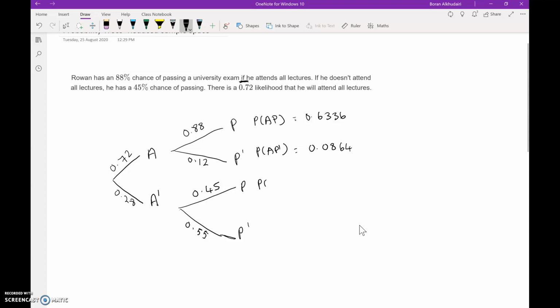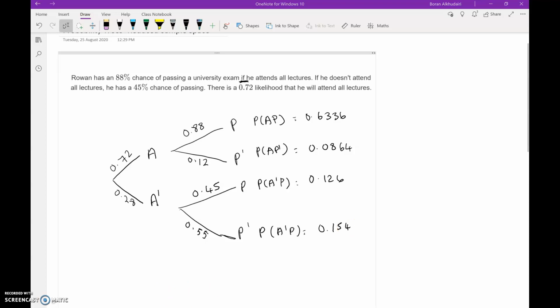The probability of not attending and passing is 0.28 times 0.45, and that is 0.126. And finally, the probability of not attending and not passing is 0.28 times 0.55, which is 0.154.